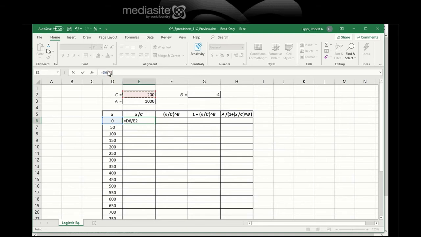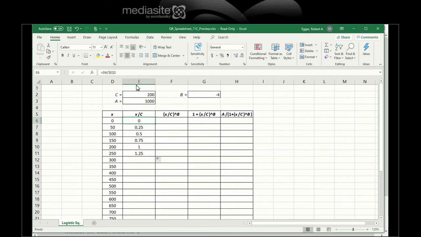And we have to add the dollar signs, which are essentially anchors, so that as I move things around, so let's go down, we'll go back later.